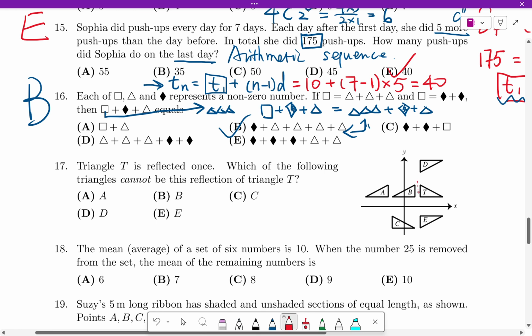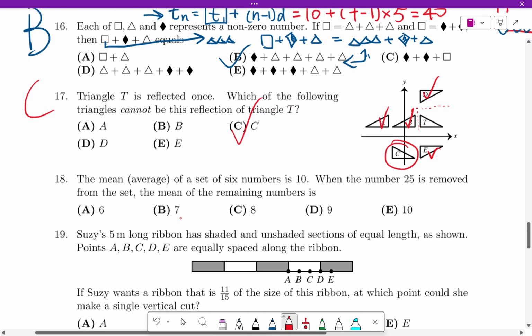If it's reflected over this line, then the reflection would be B. If it's reflected over the y-axis, the reflection would be A. If triangle T is reflected over the x-axis, then the reflection would be E. And if T is reflected over this imaginary horizontal line, then the reflection would be D. So the only triangle that is left out would be C. So C is not a reflection.